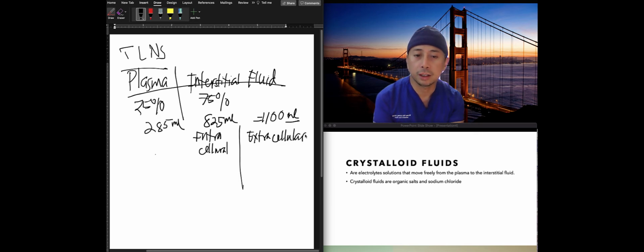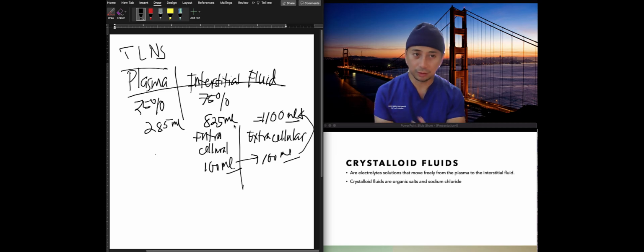Within the cell and outside the cell. So 100 ml from the intracellular came out to the extracellular, and that adds in, because it's saline, it's pulling water. So that is an easy explanation for why you're giving IV fluids to your patient. 1 liter gives you a total of 1100, 285 in the plasma level and 825 ml in the interstitial area.